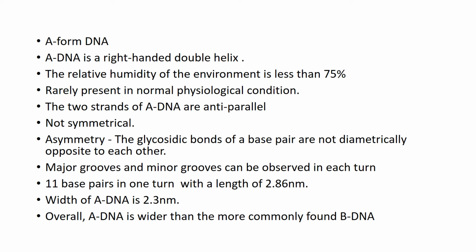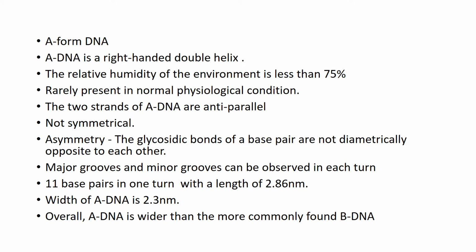But later on, it was found that there are different forms of DNA, and it is not only the Watson and Crick model in which form the DNA exists. The studies revealed that basically there are three forms of DNA: A DNA, B DNA, and Z DNA.